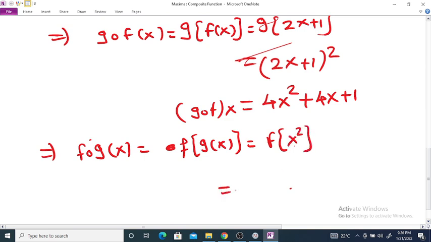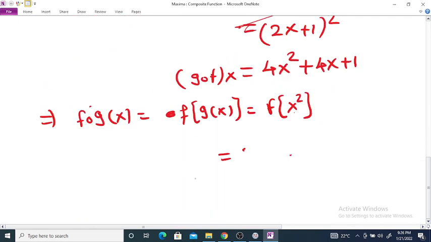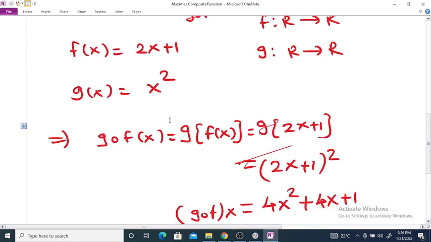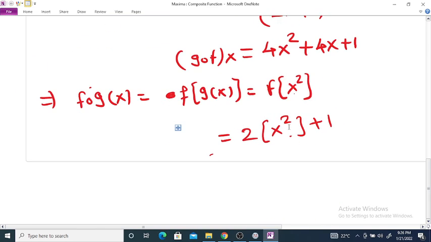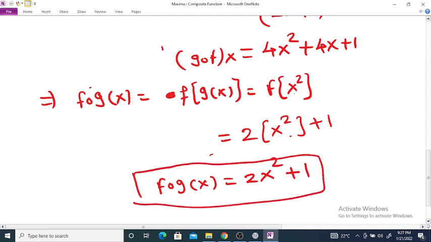What is f? f of x is equal to twice x plus 1, so in place of x we want to put x square, so it is twice x square plus 1. Therefore f of g of x is equal to 2 times x square plus 1. So this is f of g of x, and this is g of f of x.